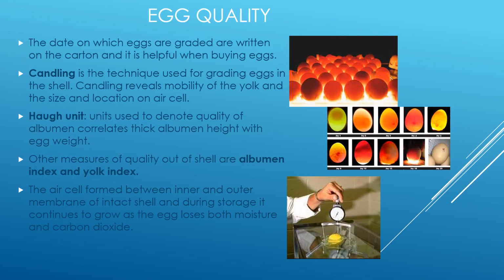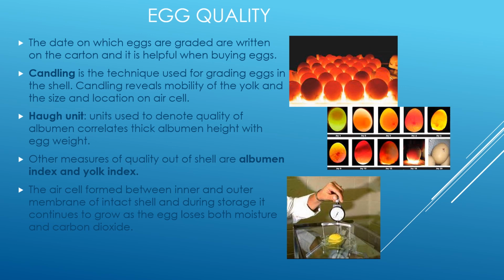How to determine the quality of egg? First of all, the date on which the eggs are graded is written on the carton, and it is very helpful when buying eggs. Other than this is candling. What is candling? It is a technique used for grading eggs in the shell.